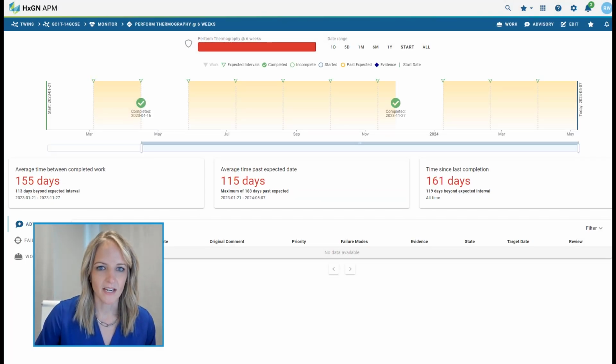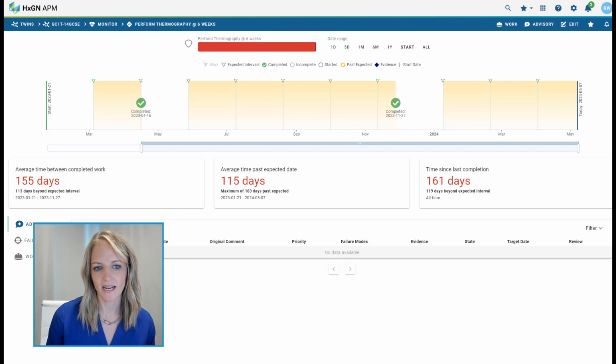So what you see here is a run chart of a PM performing thermography every 6 weeks. The green triangles here indicate that expected frequency for doing that PM. The green checkboxes show me when that PM was actually completed. Now this is a date stamp pulled directly from EAM once that PM is completed.